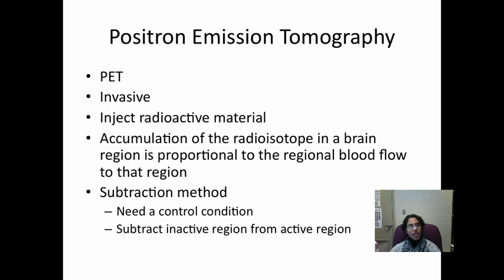PET has been used in the speech world, typically to understand stuttering. People think there are differences in the areas of the brain in individuals who stutter compared to individuals who do not stutter. They have found certain areas that are larger in individuals who stutter. So PET is one way for us to understand the brain.